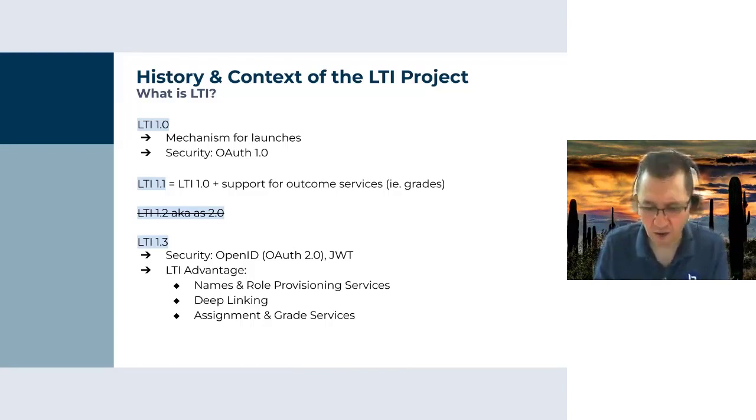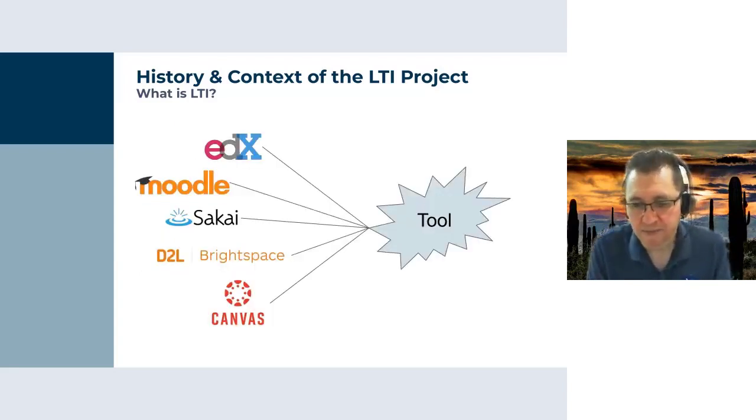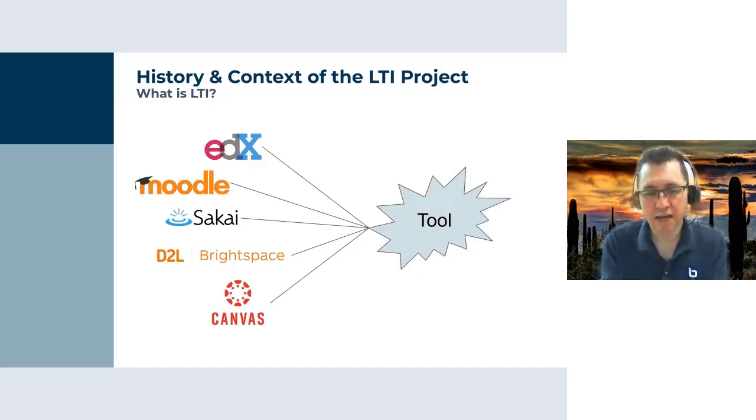Like 2.0, it is based on OAuth 2, but it also uses JWT and OpenID for the launch and the security, and it extends the capabilities you can have in the communication between these two applications, passing data and offering functionality. So that's pretty much how things work. What we have there, as I already mentioned, is two components.